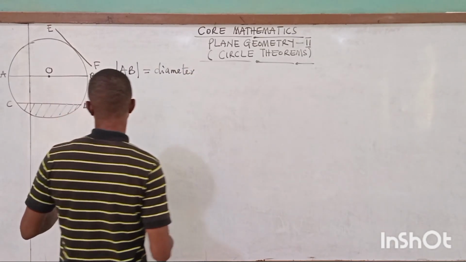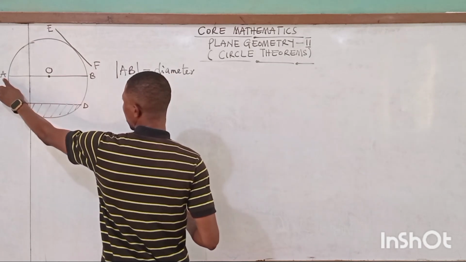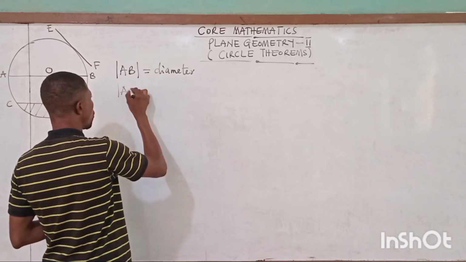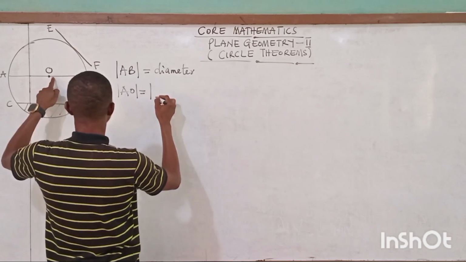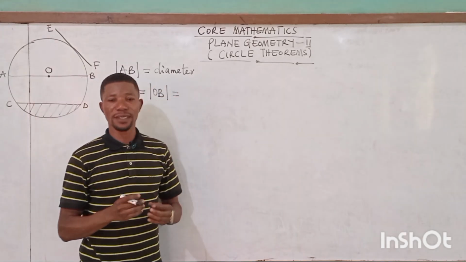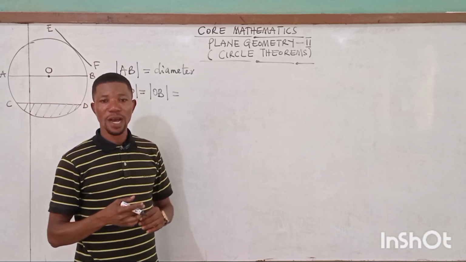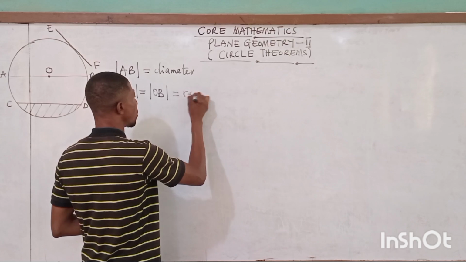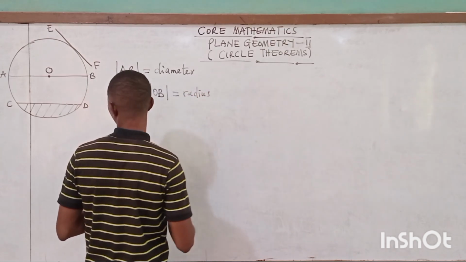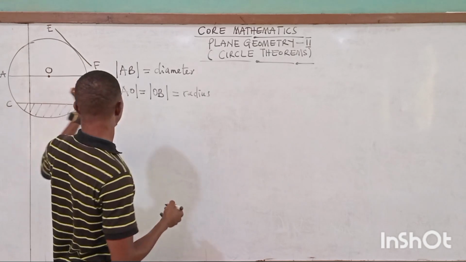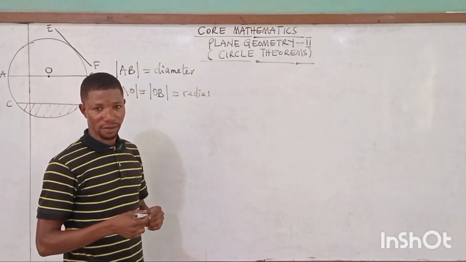Aside that, we have AO, length AO, which is equal to length OB, is half of the diameter of the circle, which is known as the radius of the circle. So we have this as the radius of the circle, AO, which is equal to OB, being the radius of the circle.